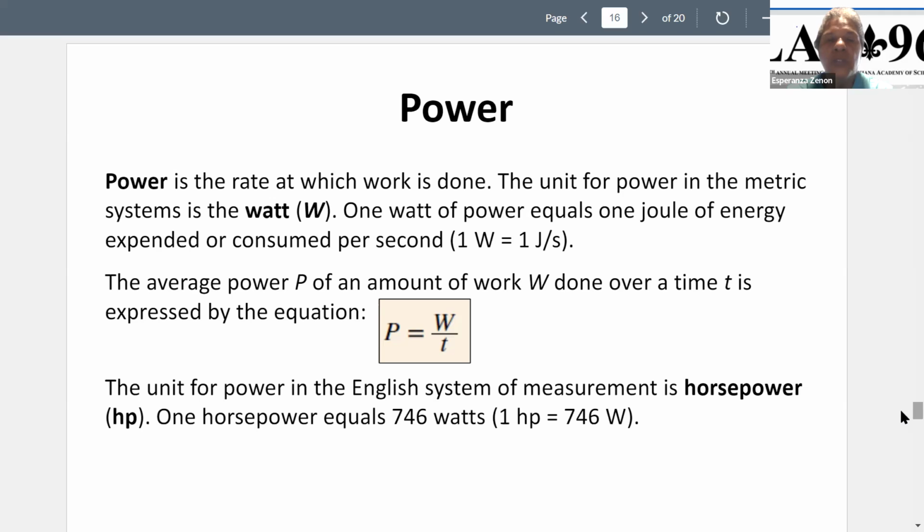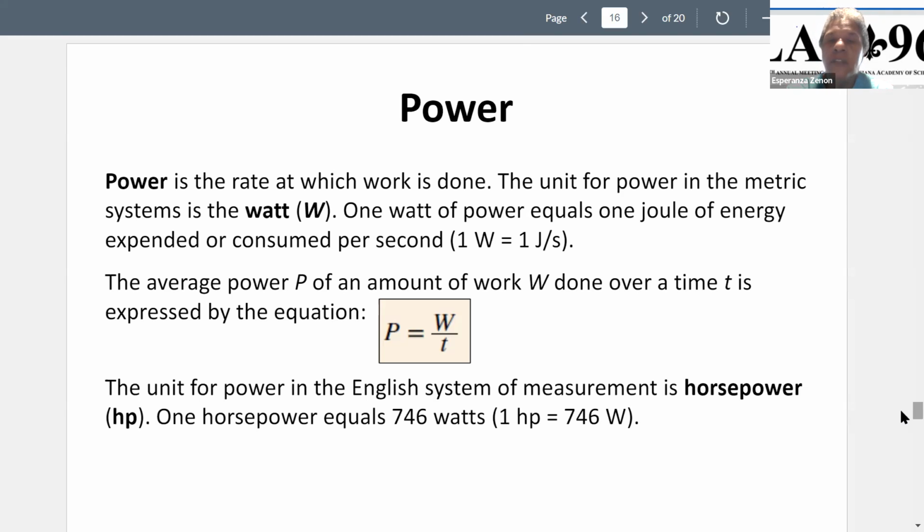Now, you may be used to hearing a unit in the English system, or in this country, horsepower. When they talk about the Hemi engine or whatever, how many horses does your engine have. That's literally because that unit was determined back in the day based on how powerful the horses were.